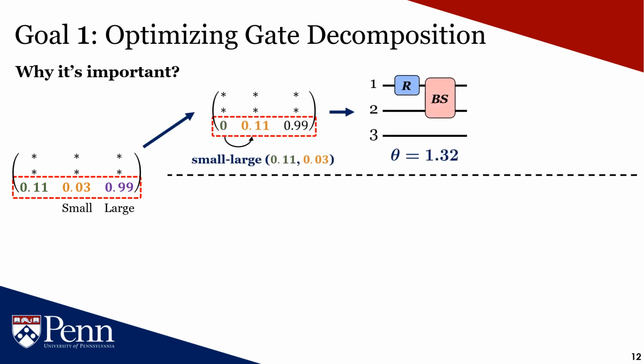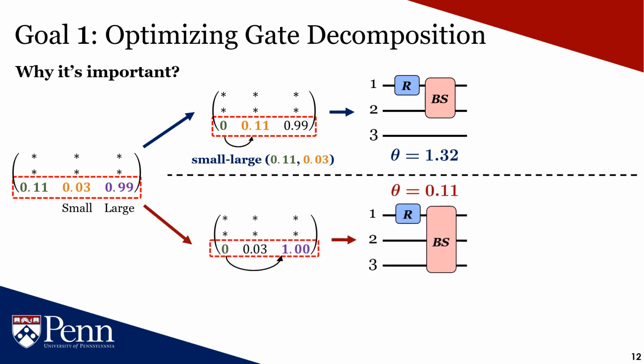The green element is numerically larger than the orange element, thus the rotation angle theta of the beam splitter is large. If we use the purple element to eliminate the green element, since the green element is numerically smaller than the purple element, the angle theta is small, and we call this a large-small elimination pair.